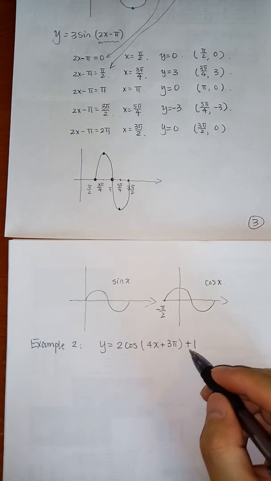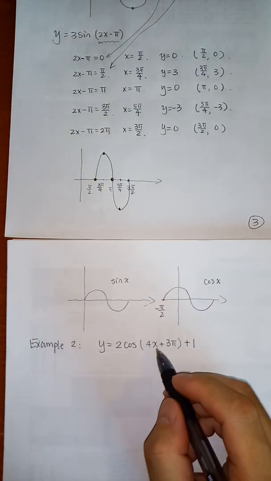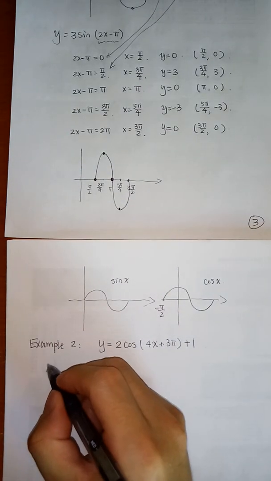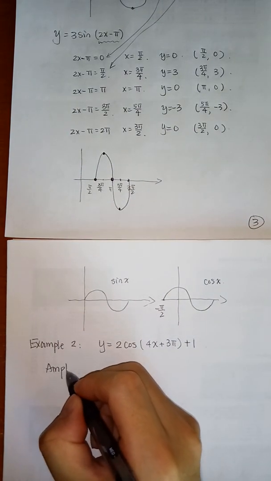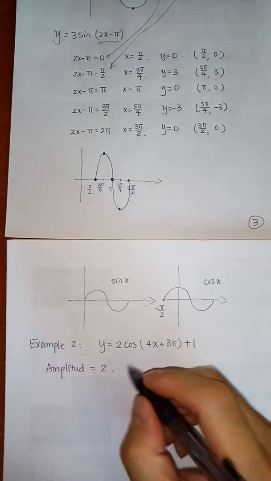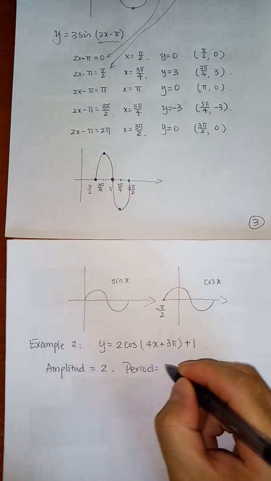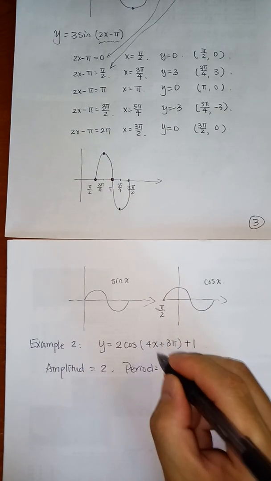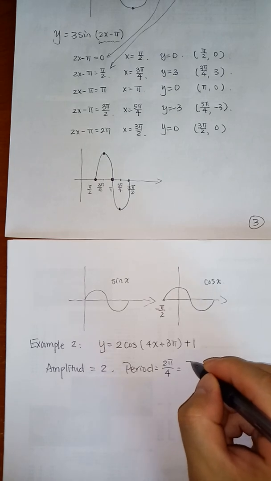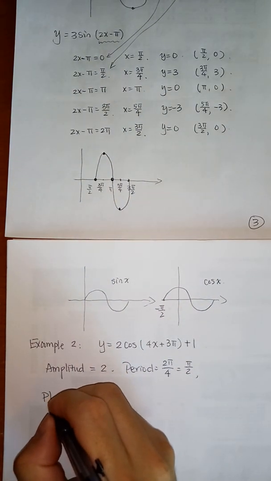We will see how we handle this 1. This 1 does not give us any trouble. So, amplitude is equal to 2. Period is 2 pi over the coefficient of x. It's pi over 2.